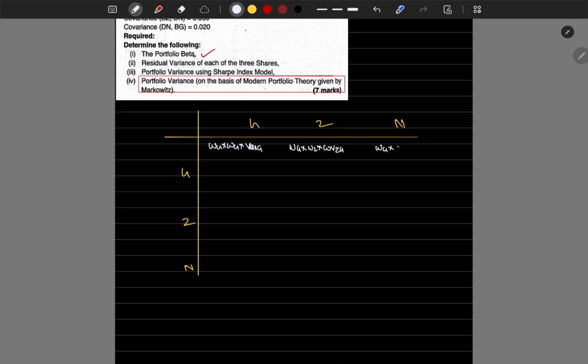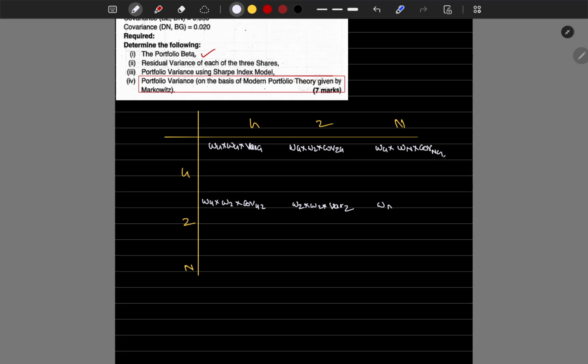Weight of G into weight of N into covariance NG. Weight of G into weight of Z into covariance GZ. Weight of Z into weight of Z into variance Z, because both are Z.